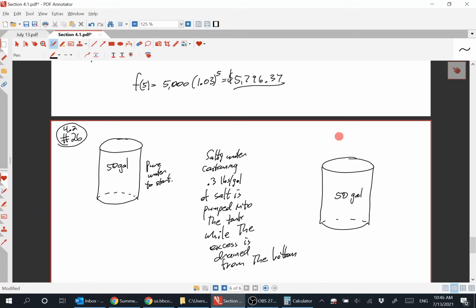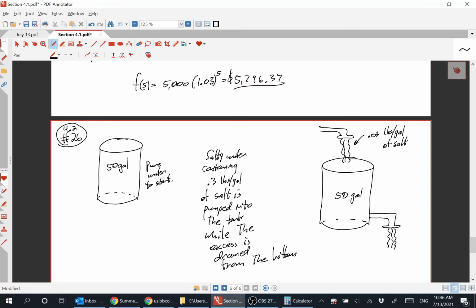And you have salty water being pumped in, and whatever's in the tank is being drained out at a similar rate, so that you always have 50 gallons in the tank, right?